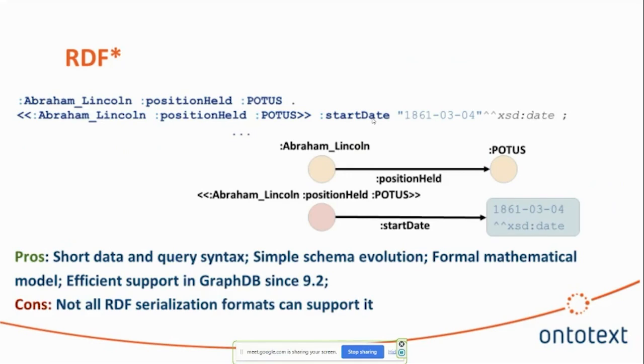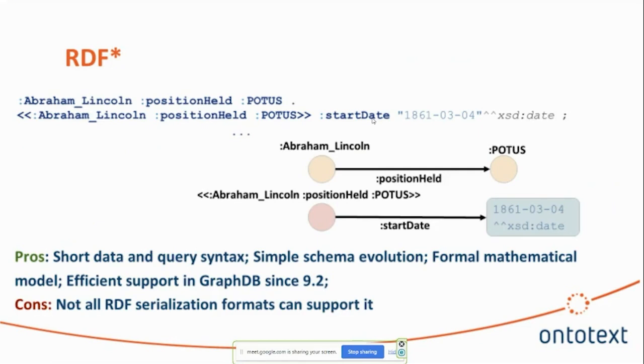And it's very efficient in terms of querying, also in terms of query syntax. It's quite simple. It doesn't introduce any problems with the schema evolution. And the only drawback is that not all of the currently available RDF triple stores support this standard, because it's not a fully approved standard.